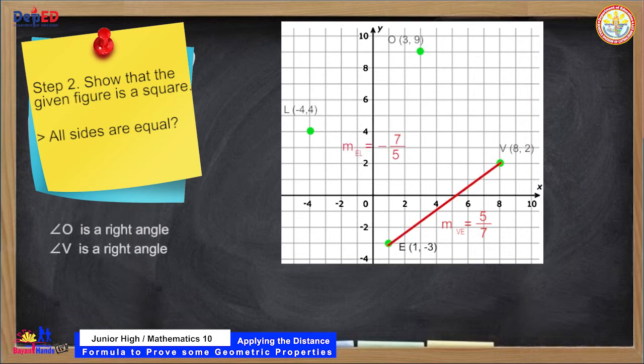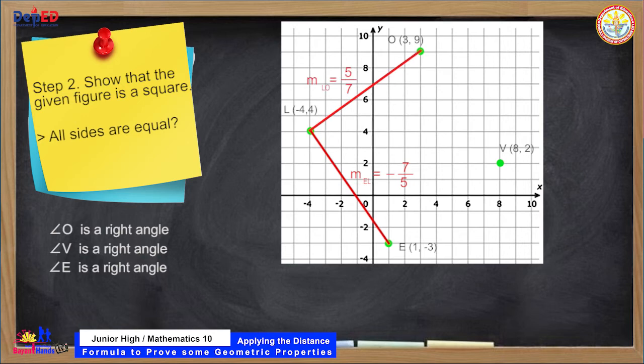Since the slope of segment VE and segment EL are negative reciprocal of each other, then angle E is a right angle. Since the slope of segment EL and segment LO are negative reciprocal of each other, then the angle L is a right angle.